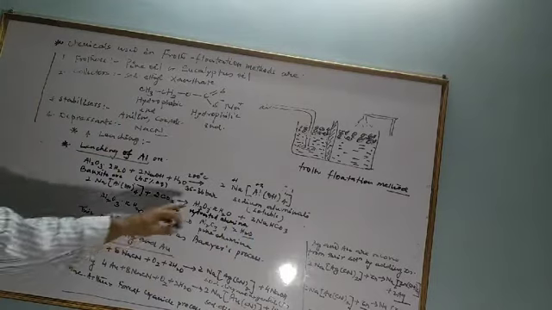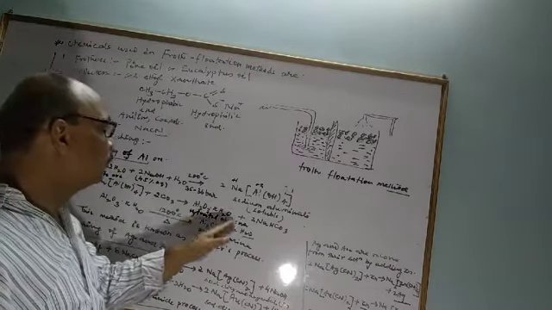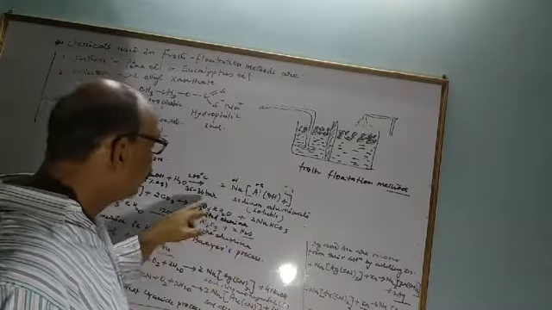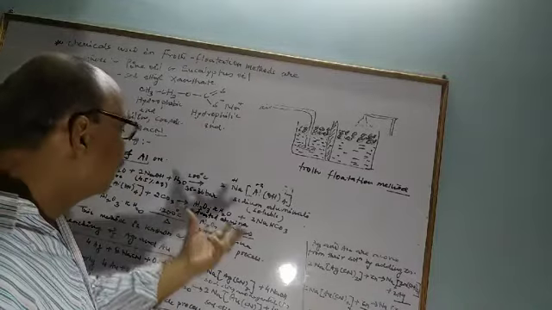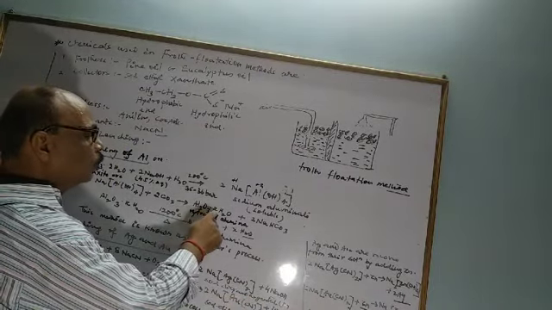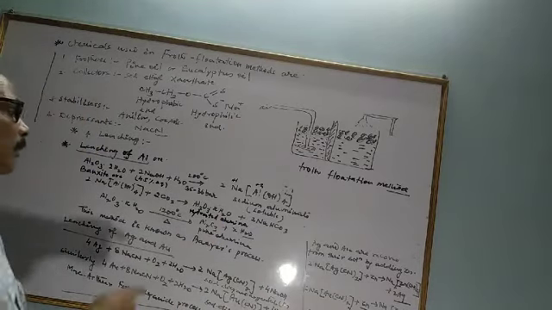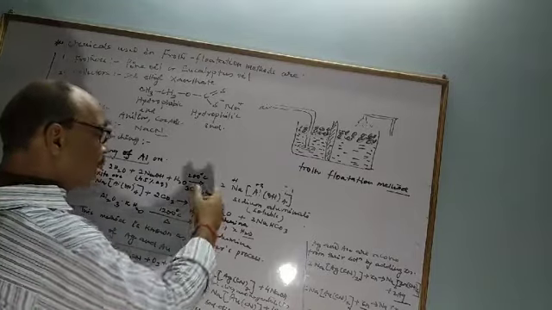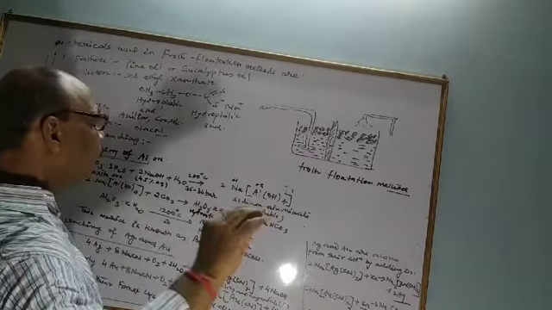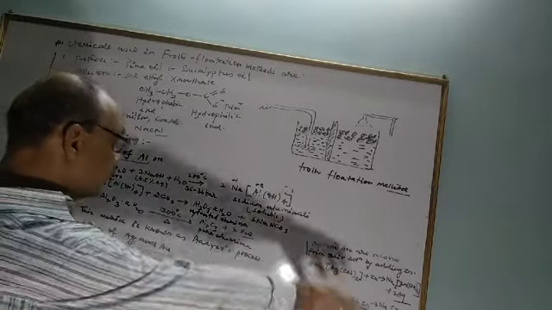In order to seed this hydrated alumina, we add some freshly prepared aluminum hydroxide into the same solution. When we get the seeds of hydrated Al2O3.xH2O, that is called seeding. So hydrated alumina is recovered in the form of seeds by adding freshly prepared aluminum hydroxide into the same solution.